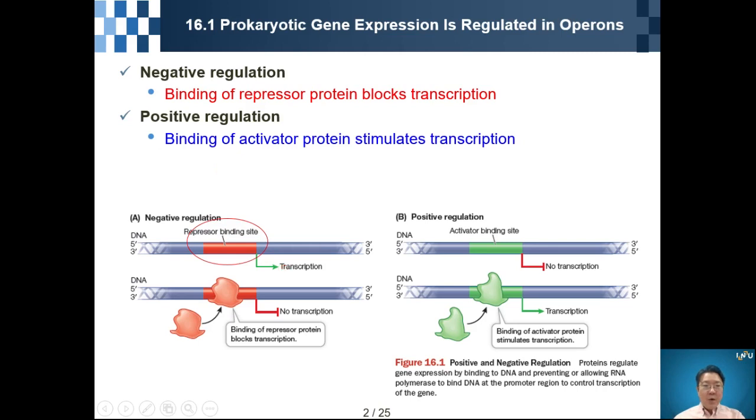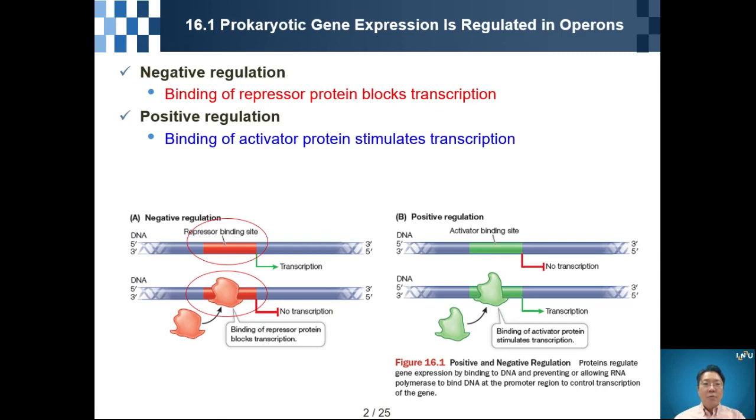However, in this case, repressor proteins bind to the repressor binding site. It means that binding of repressor proteins blocks transcription. So we call this negative regulation.